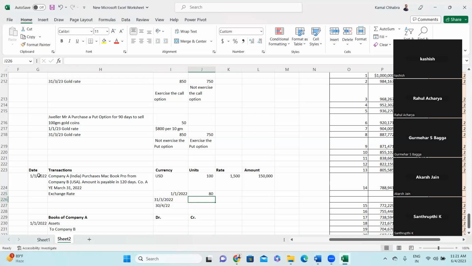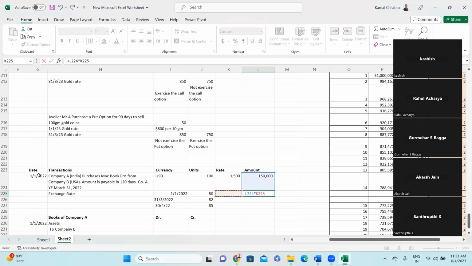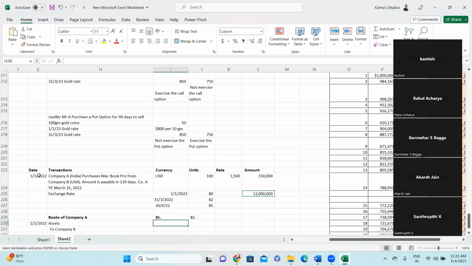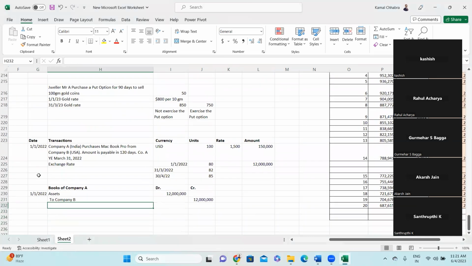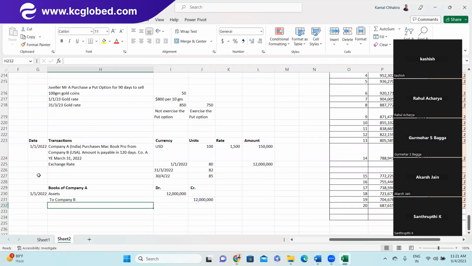Let's assume 80, 82, 84. So how much is this multiplied by 80? This will be the debit and credit, right? Yes, sir.